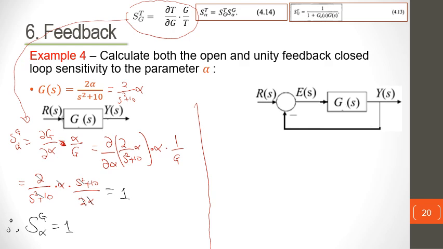So now we cross over to the closed loop transfer function. We can easily show that the closed loop transfer function is equal to this by simply noting that the transfer function of the closed loop is going to be G over 1 plus G, from our previous experience. So this is going to be our closed loop transfer function. We can substitute that and then we'll get this value.